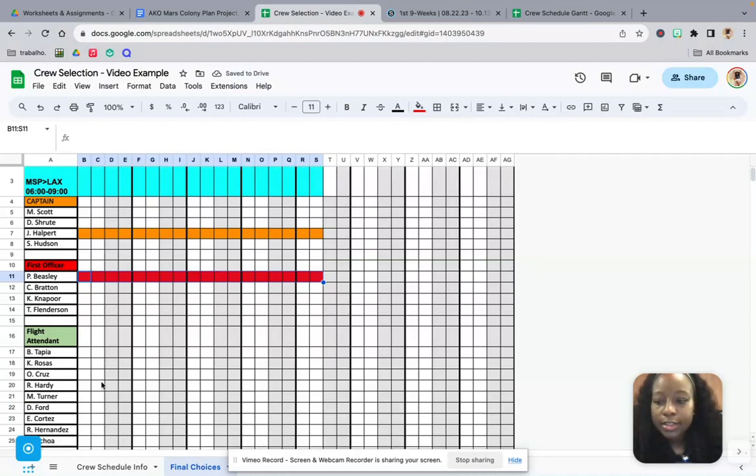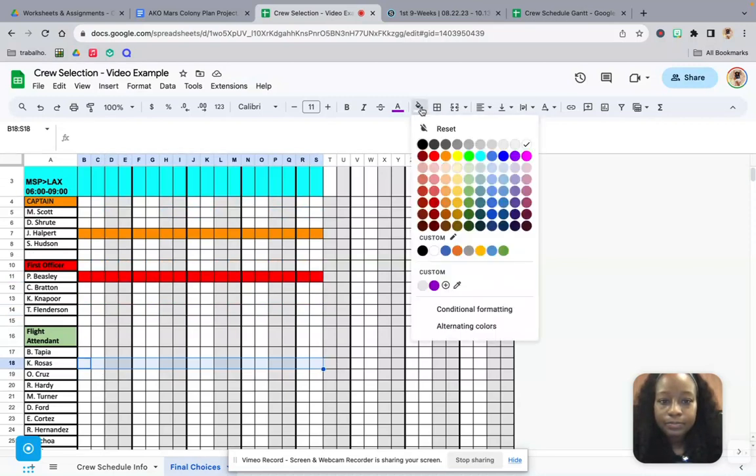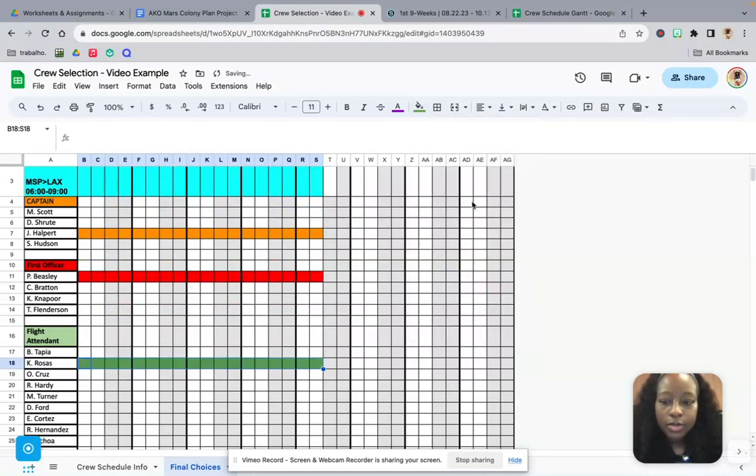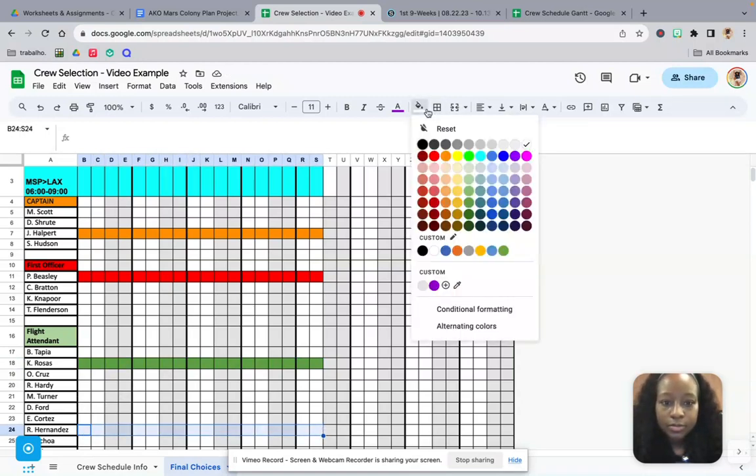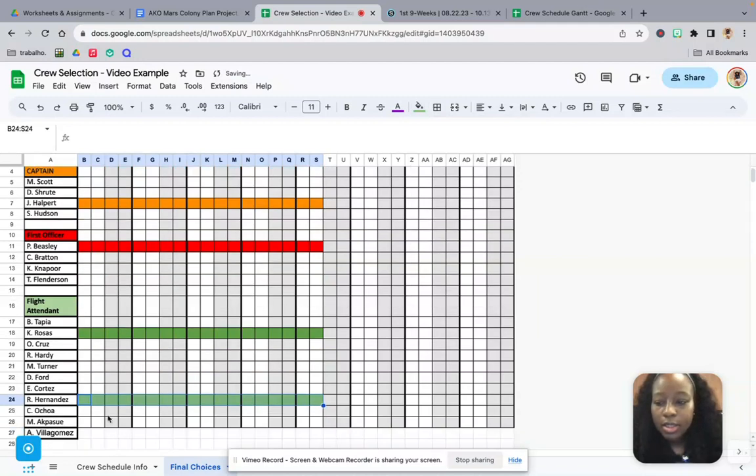And then for flight attendant, we picked Rosas, and this green color. And Hernandez. And then Ochoa is kind of like a backup, but we don't need to do anything with their schedule. That's just good information to know for our crew schedule.